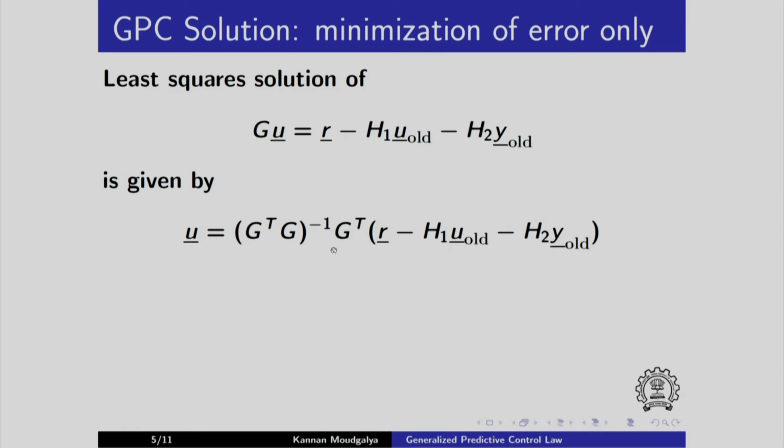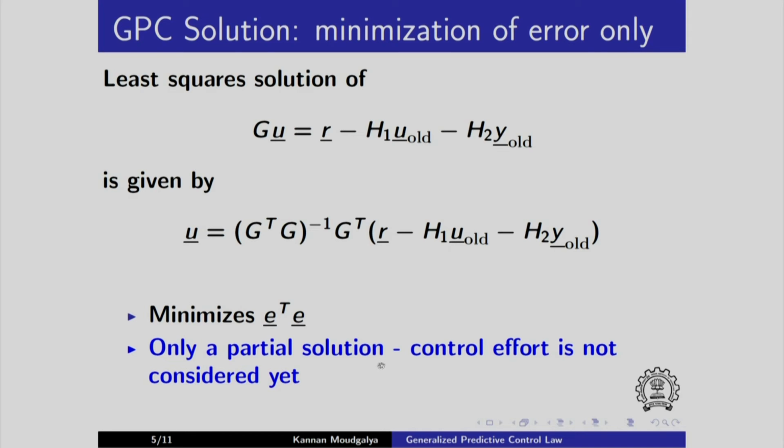We do not actually invert it, we only solve GTGU times this, that is the equation of the form AX equals B. Okay, this minimizes E transpose E, the projection error. This is only a partial solution because we have not considered the control effort yet. The complete solution is given in the next slide.